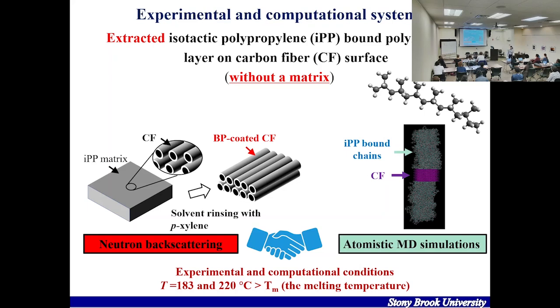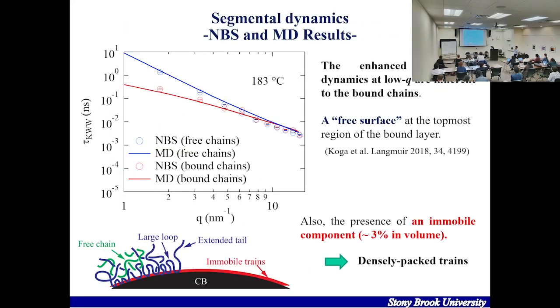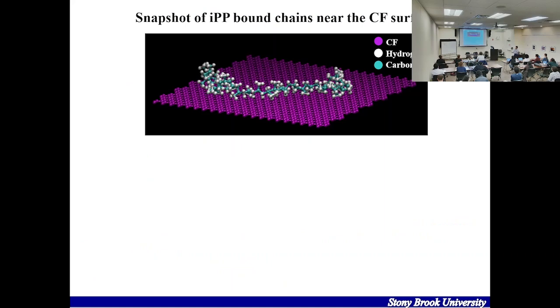The reason for that is, remember, the length scale and the time scale completely overlap with the backscattering data, so we can use it as a complement. I won't go into that here.